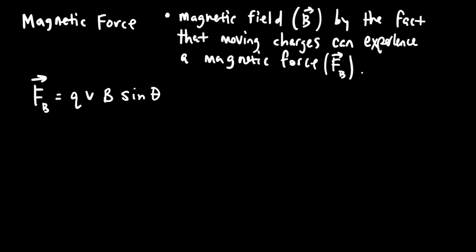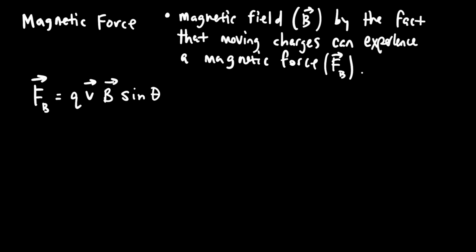The two things are either Q, V, or B. Earlier, I already said that the magnetic field B is a vector, and the other thing that's a vector is V. V represents the velocity of the charged particle, Q represents the charge of that particle, and B represents the strength of the magnetic field, and the angle theta is the angle between V and B.